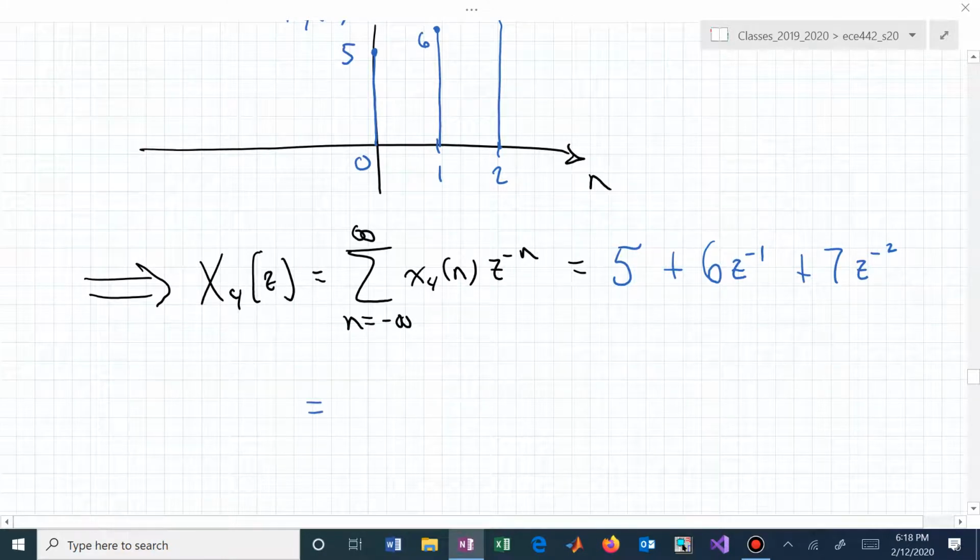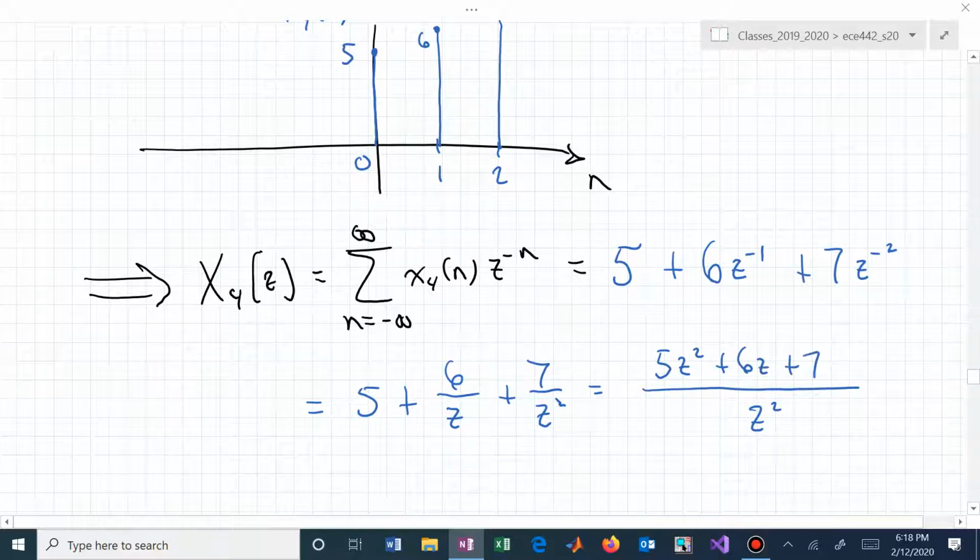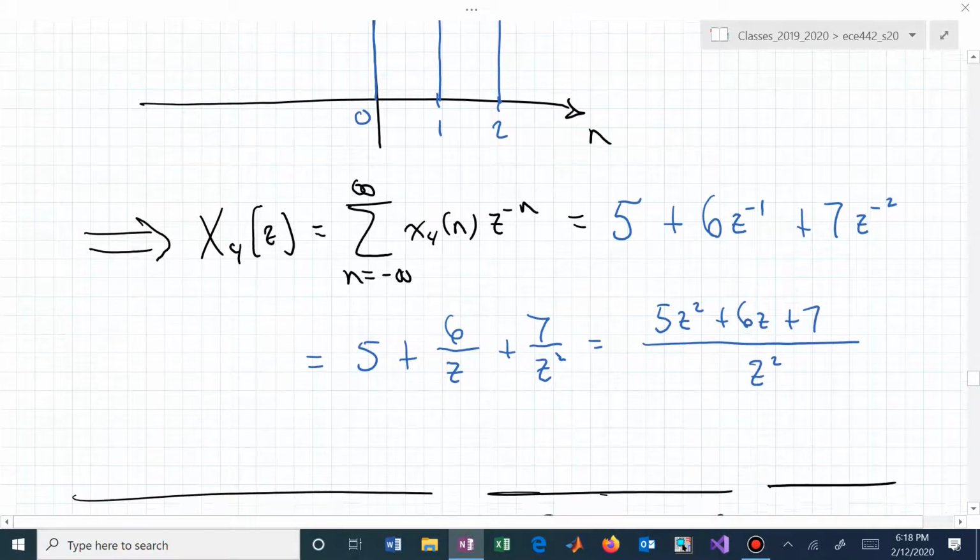And we could write that as 5 plus 6 over z plus 7 over z squared. Or we could write that all over a common denominator of z squared.